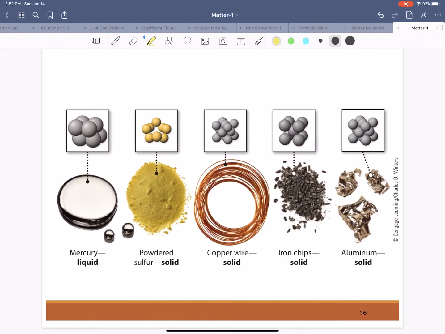Okay, so here we have some different representations, and this is a thing that happens in chemistry quite a bit too. Because the nature of what we're looking at is tangible, I can see a puddle of mercury, but I can't see the atoms that comprise the mercury.